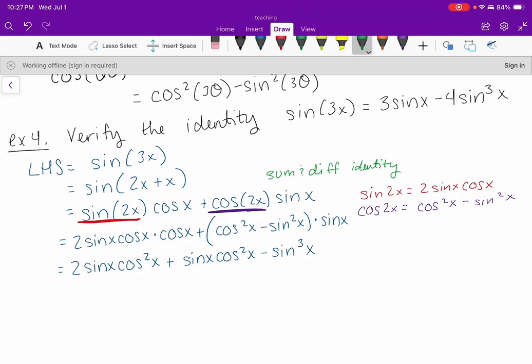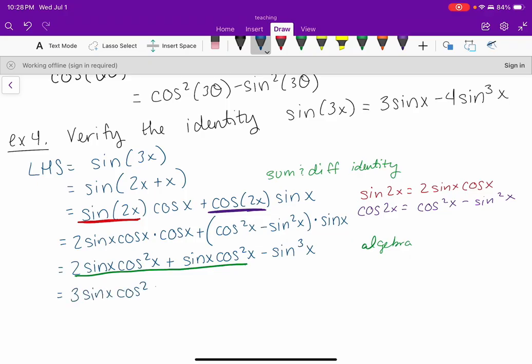I can combine like terms here. So I'm going to do some algebra. And I get 3 sine x cosine squared x minus sine cubed x. These are good signs. This sine cubed matches this sine cubed. 3 sine matches 3 sine.